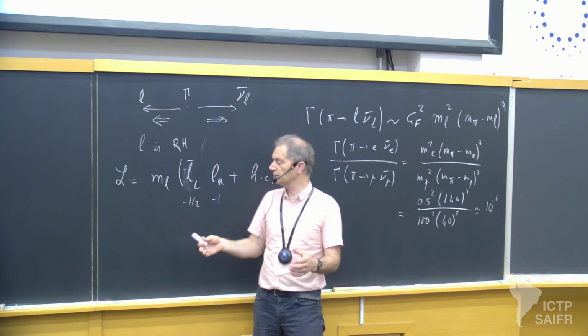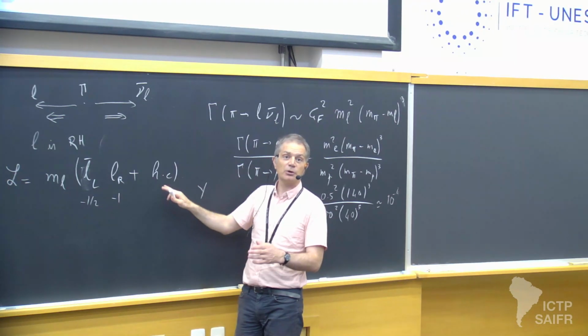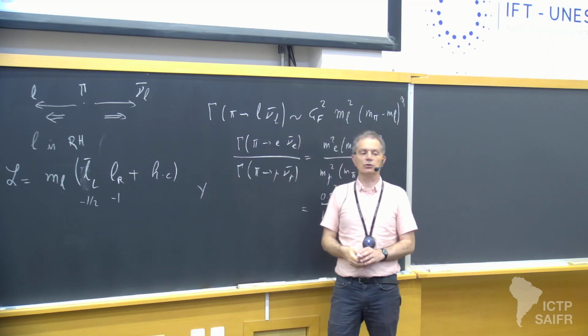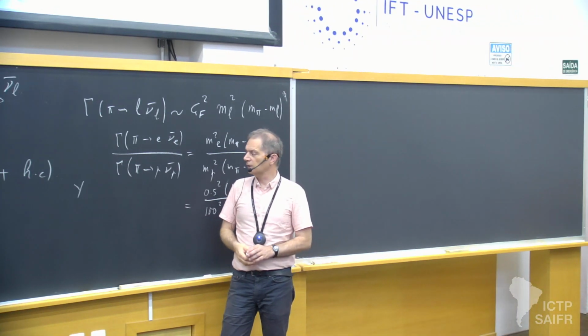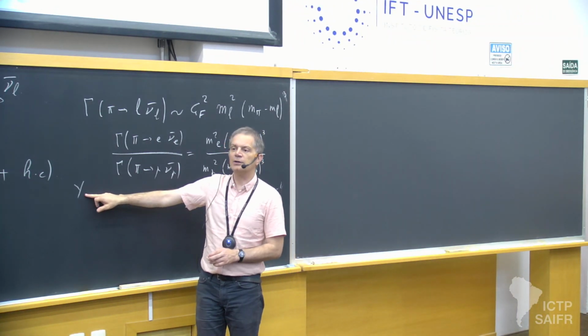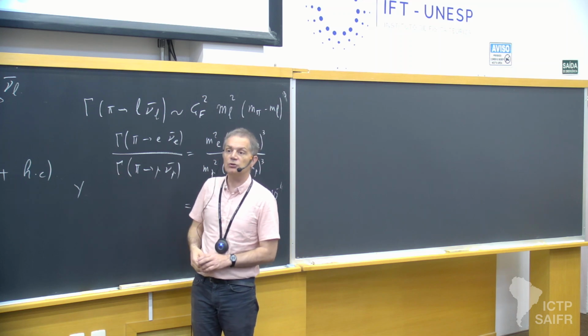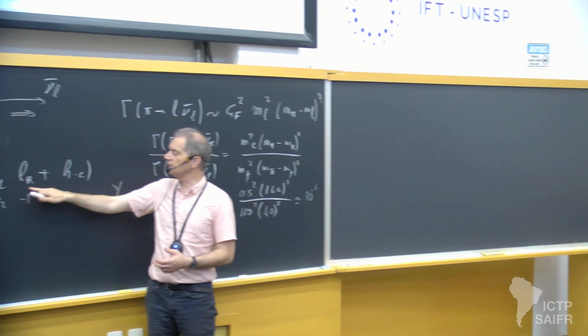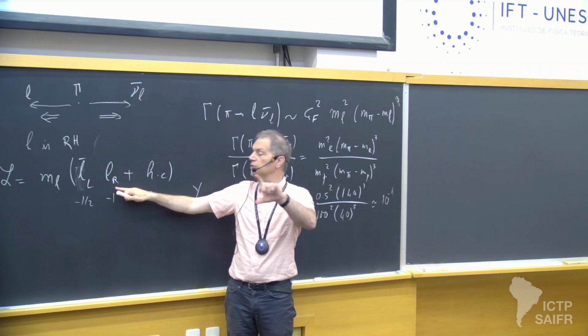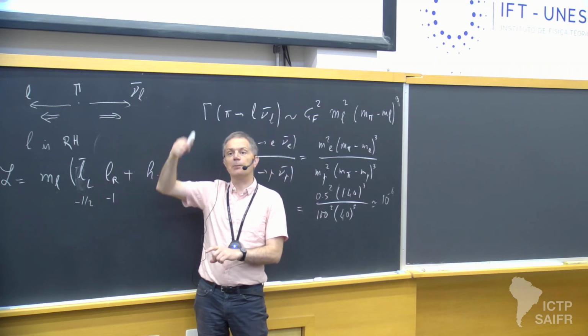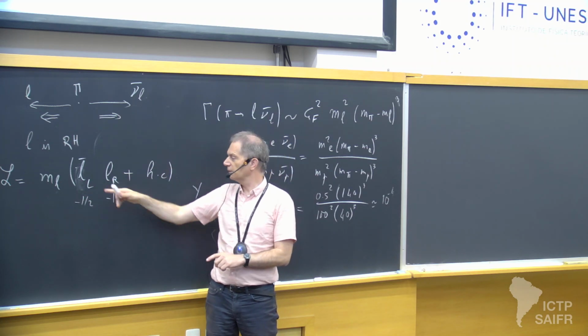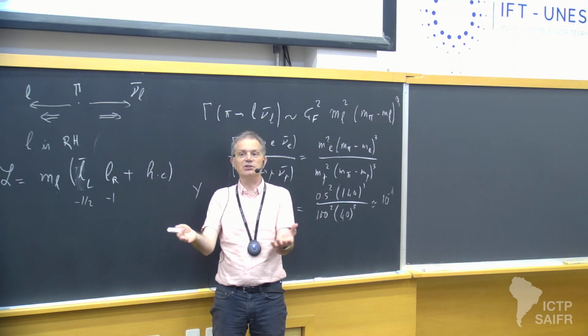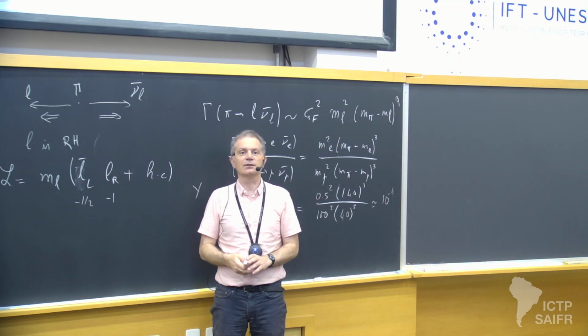Lorentz symmetry, so this is Lorentz invariant, no problem, but this is not invariant under the gauge symmetry. So this is not invariant under U1 hypercharge. This is not invariant under SU2, because if you remember, the right-handed chirality was a singlet under SU2, and the left-handed chirality was part of a doublet. So you cannot construct something which is invariant if you have a doublet and a singlet.